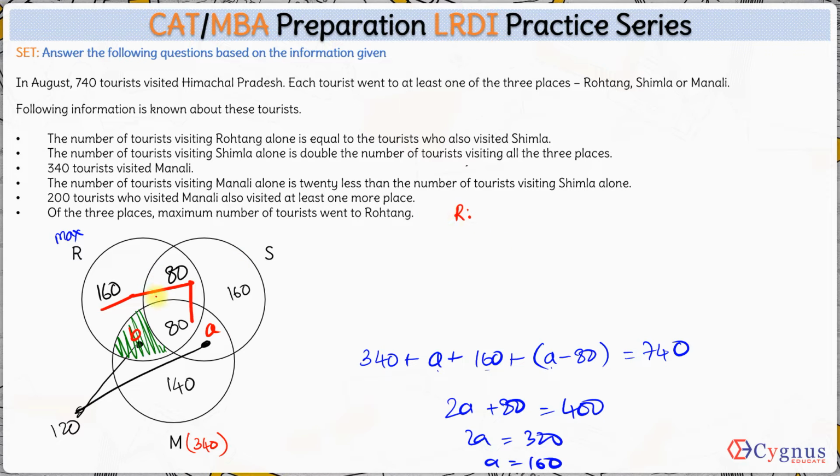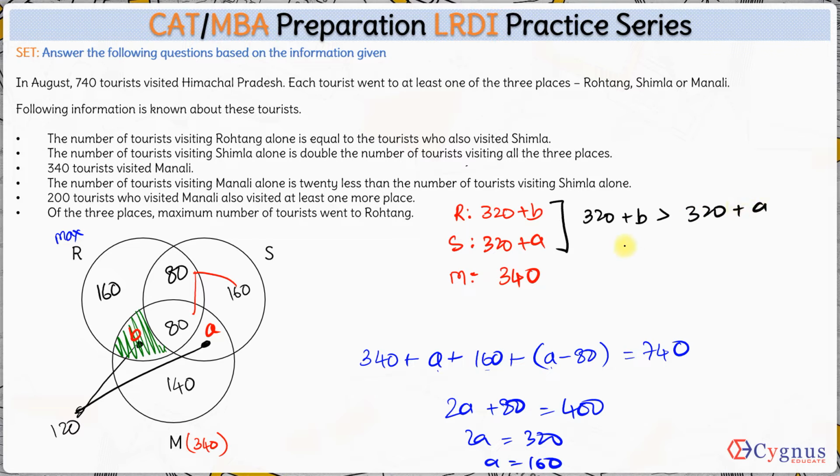So the number of tourists visiting Rohtang is 160 plus 80, 240, plus 80, 320, plus B. Then the number of tourists visiting Shimla is 160 plus 80, 240, 240 plus 80 is 320, 320 plus A, and the number of tourists visiting Manali is 340. The maximum number of people should visit Rohtang. From here, 320 plus B should be greater than 320 plus A, or effectively B should be greater than A.